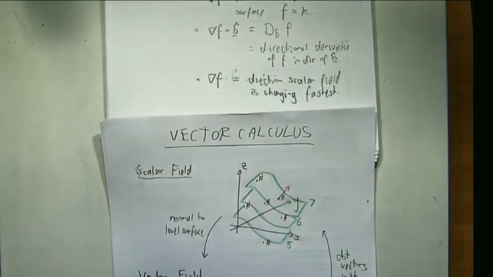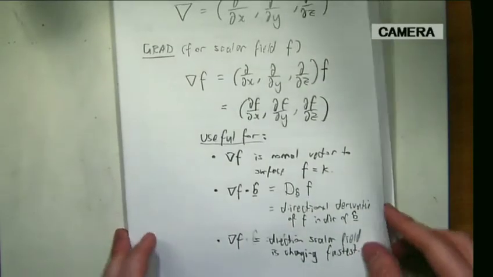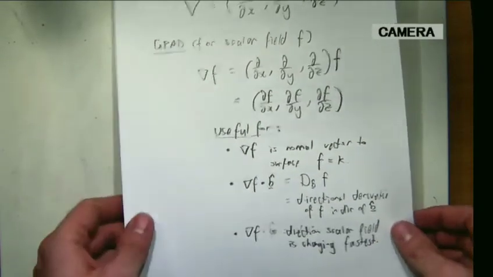And that's the grad f. So it tells you which direction to go most quickly to get to the next level surface that's higher up, in the sense of having a higher value for its function. So that's grad. Grad is awesome. It tells you all of those things about surfaces.